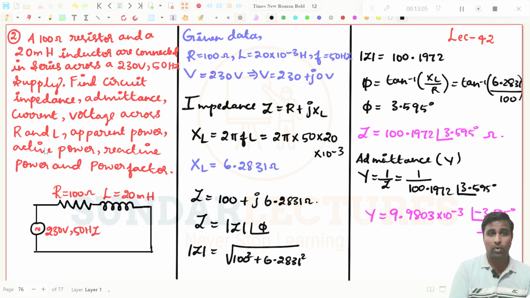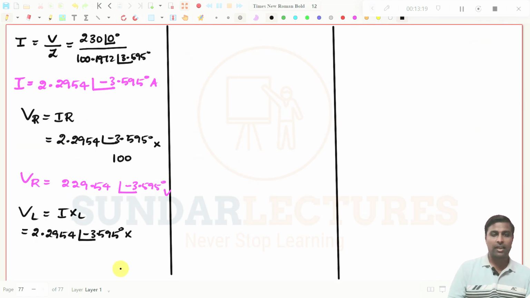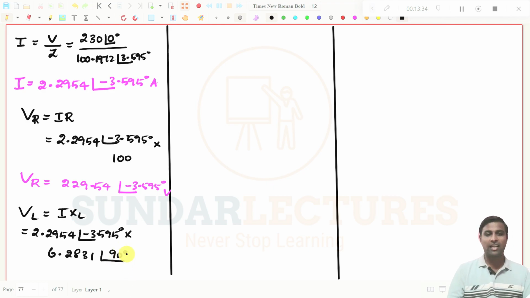While writing the XL value, we have found this is the value of XL, and wherever you go, your XL value is here. If you want to write this XL value alone, you have to write it as 6.2831 at an angle of 90 degree. Why am I writing this as 90 degree?